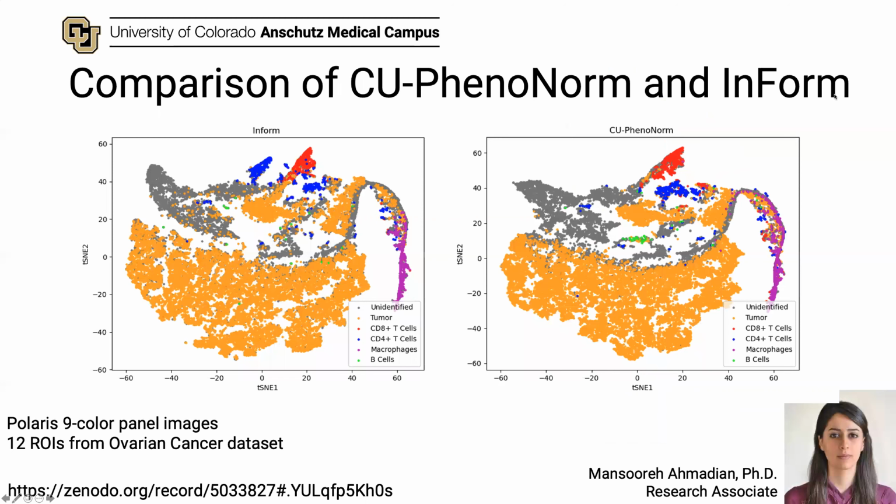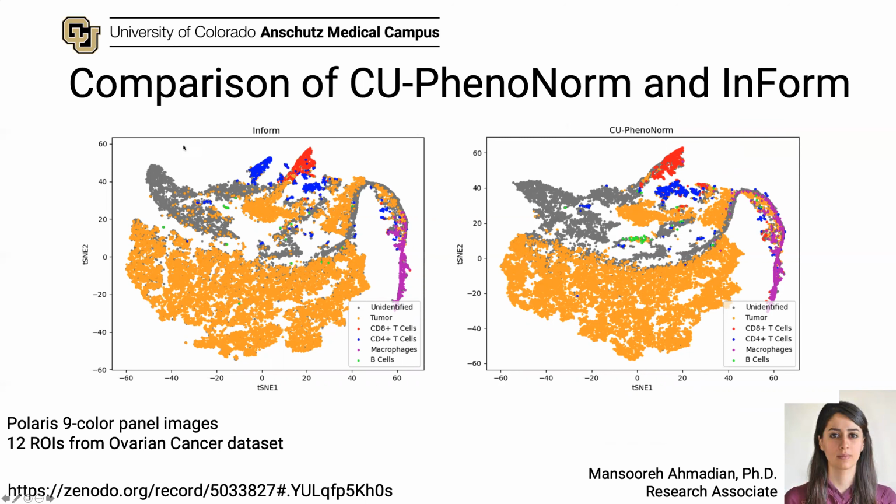So this is a comparison of the same ROIs from the ovarian cancer data set that were collected on the Polaris with a 9-color panel, using Inform on the left and CU-PhenoNorm on the right.